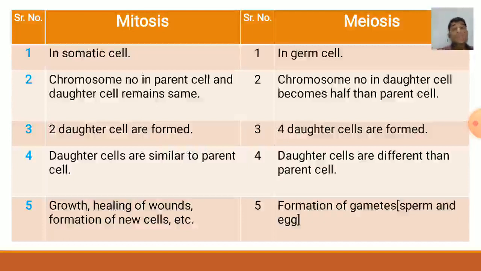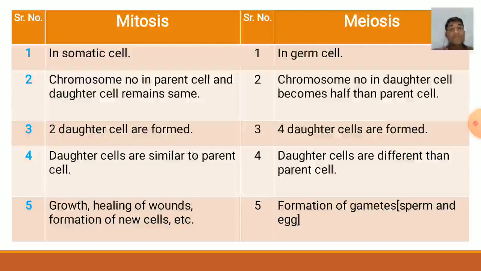In mitosis, the chromosome number in the parent cell and daughter cell remains the same. In meiosis, the chromosome number in the daughter cell becomes half that of the parent cell. Third, two daughter cells are formed in mitosis, and in meiosis, four daughter cells are formed.